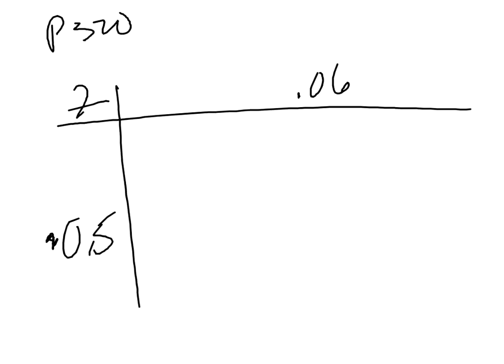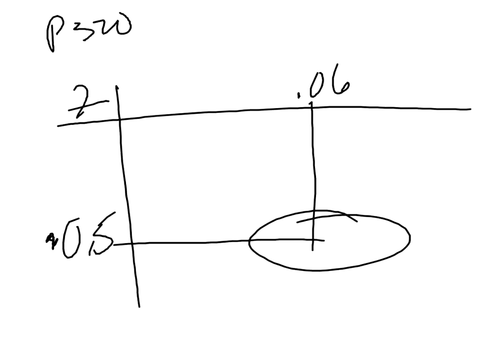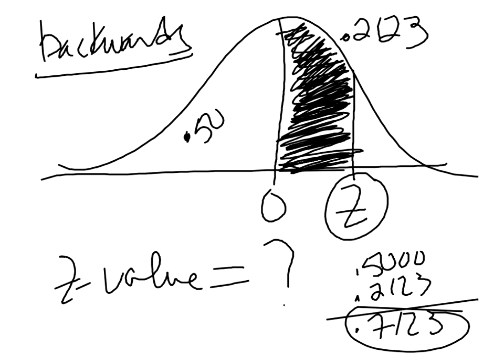Okay, so what they've done is, and you should verify this in your positive z-tables, if you go look at the areas there, this time they have found an area, and remember where we got that area, we added the 0.2123 and the 0.50 and got 0.7123.